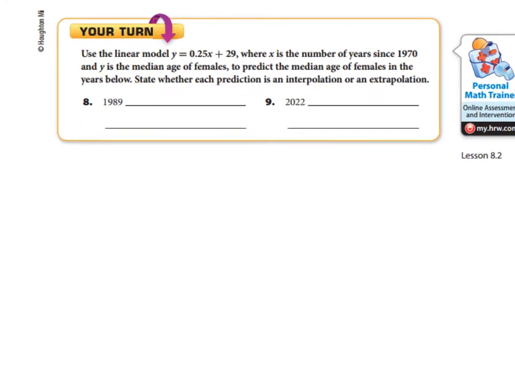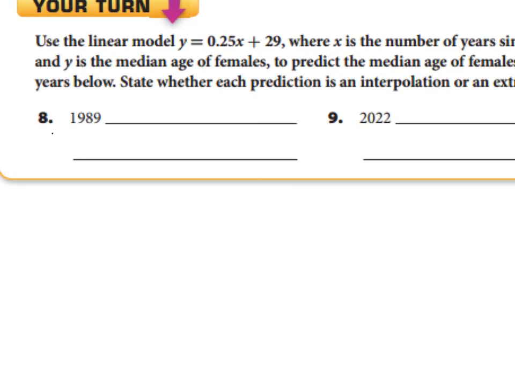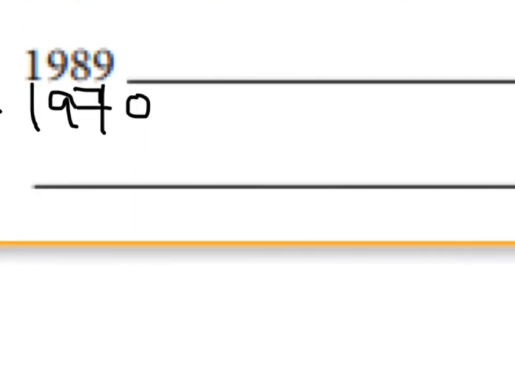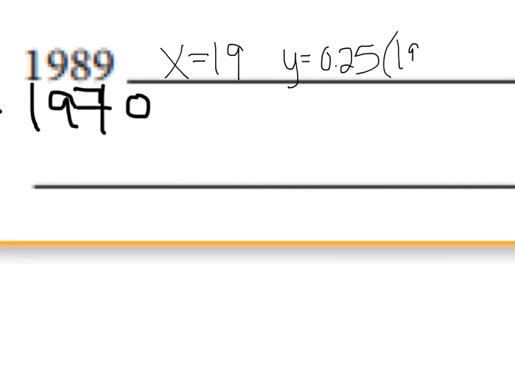Well, the first thing we have to do is take these years and subtract from 1970. So 1989 minus 1970 means we're actually using an x value of 19. So that's what we're plugging into the equation. So y equals 0.25 times 19 plus 29.